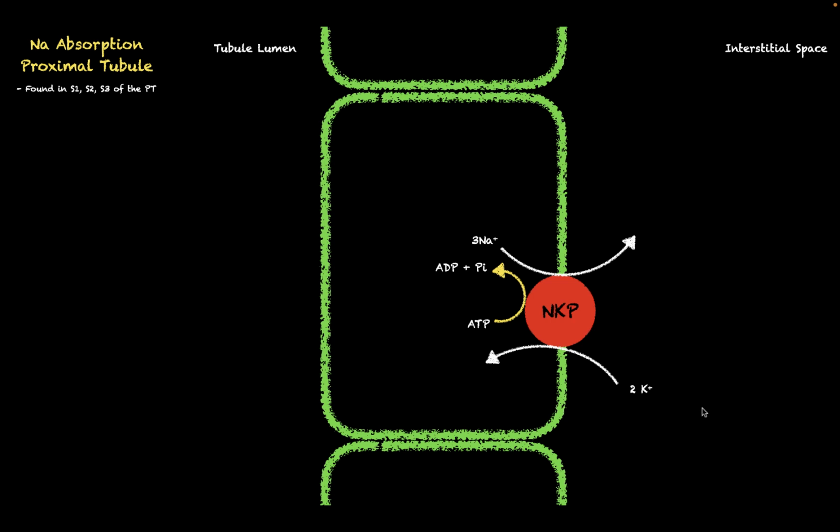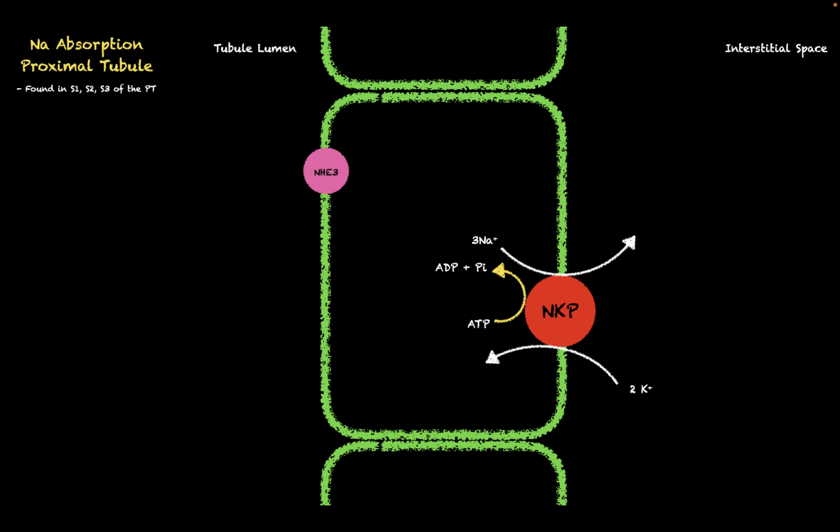So this action is going to be very important for the rest of the mechanism, because on the apical membrane facing the tubule lumen, we have a specific secondary active transporter. And this secondary active transporter is the sodium hydrogen ion exchange protein, specifically NHE3.